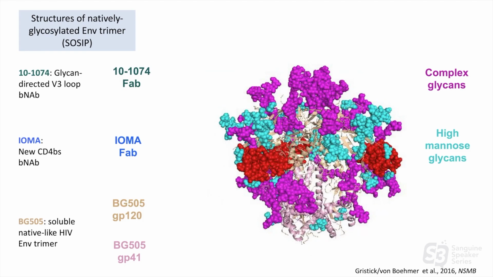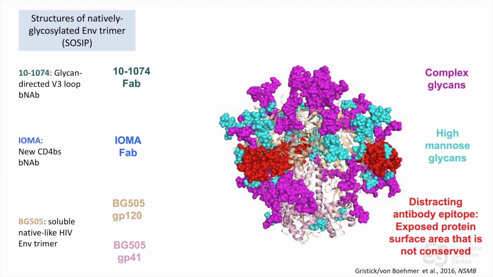Now, you may have noticed during that movie that there was kind of a hole in the glycan, and this particular strain of HIV from which we got this envelope for our structural studies happens to have a hole in this red region. If you do immunizations in an animal to try and make an HIV vaccine, you'll raise antibodies against this red region because that part is a glycan hole.